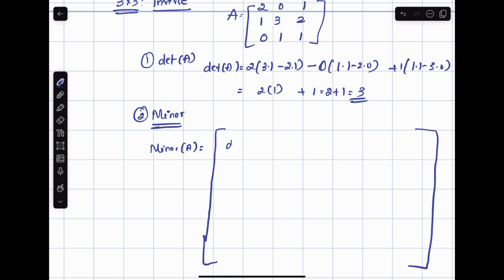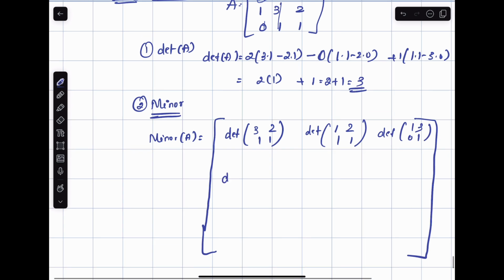You're finding the determinant of the remaining elements if you hold the first row and the first column, whatever the remaining elements you get, you have to write it down. So it's 3 2 1 1. Next, first row second column, the remaining elements are 1 2 0 1. Then first row and third column, the remaining elements.